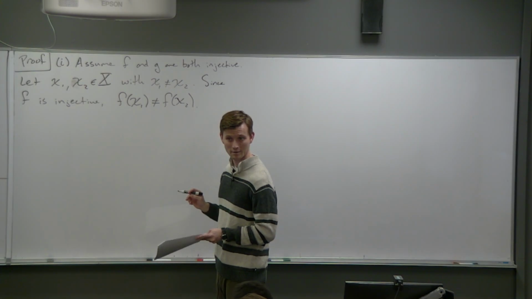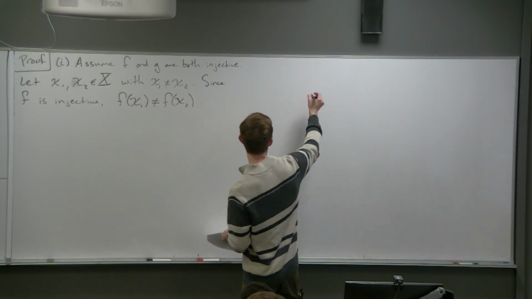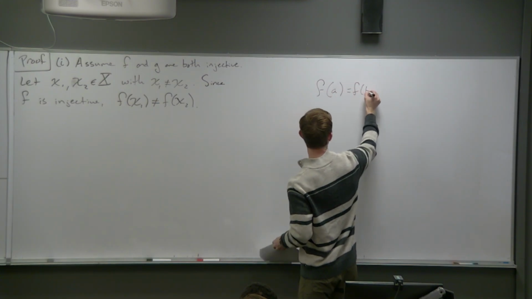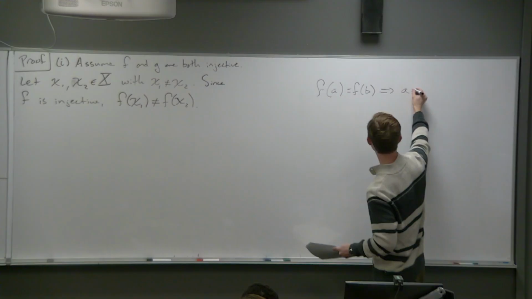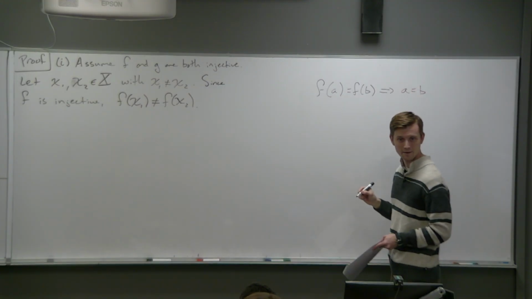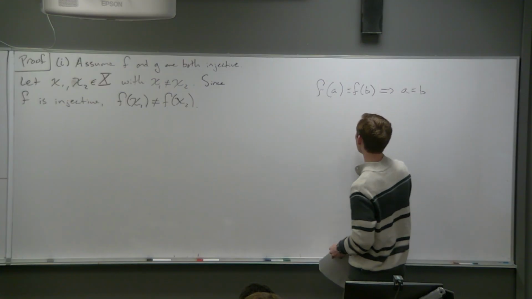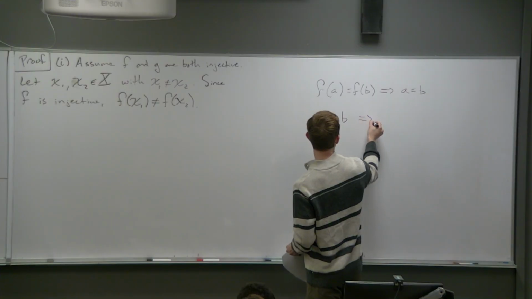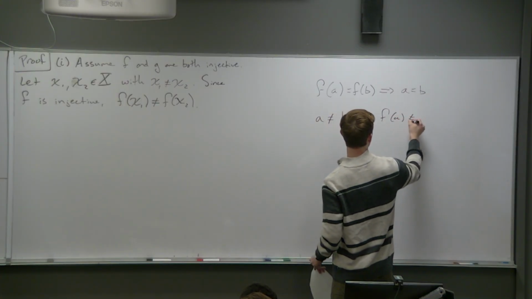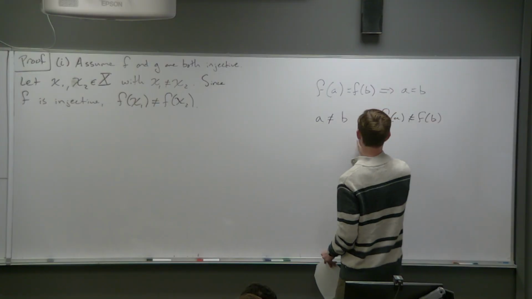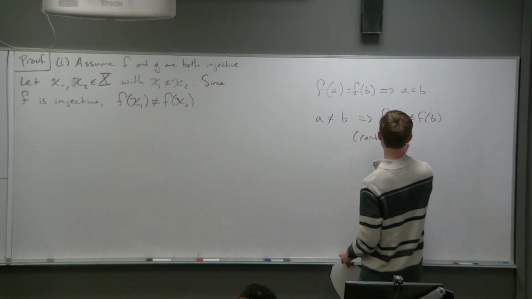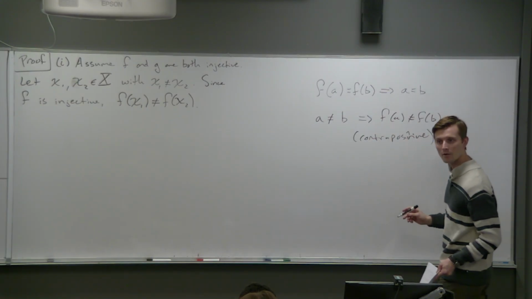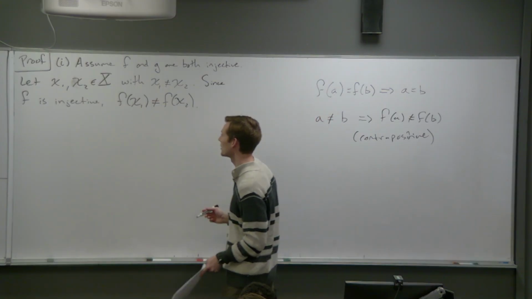Remember, injective says that f of a equals f of b implies that a equals b, right? Another way of writing this as the contrapositive would be a not equal to b implies f of a not equal to f of b. That's the contrapositive, right? Okay, cool, logically equivalent.